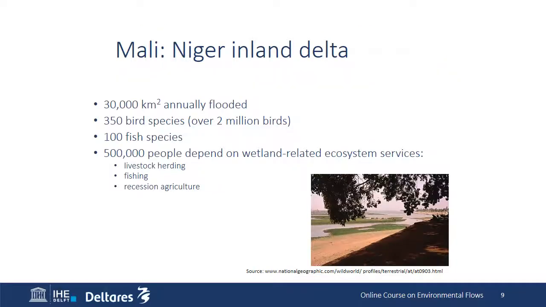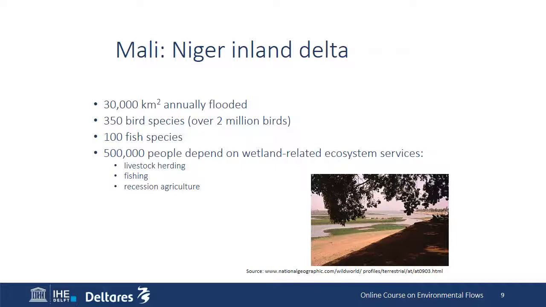Some examples of wetlands and river ecosystems that provide services for large groups of people. One is the Niger Inland Delta in Mali. In this inland delta, annually an area of 30,000 square kilometers is flooded, and that provides a habitat for about 350 species of birds and many species of fish.